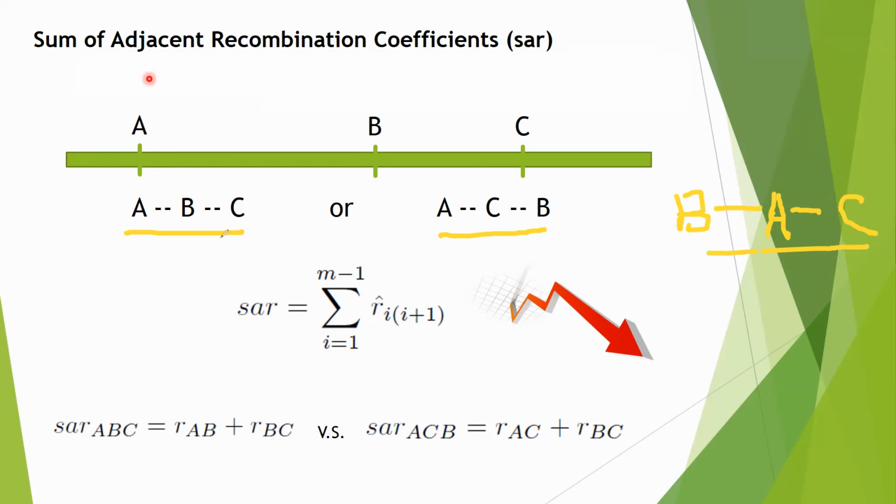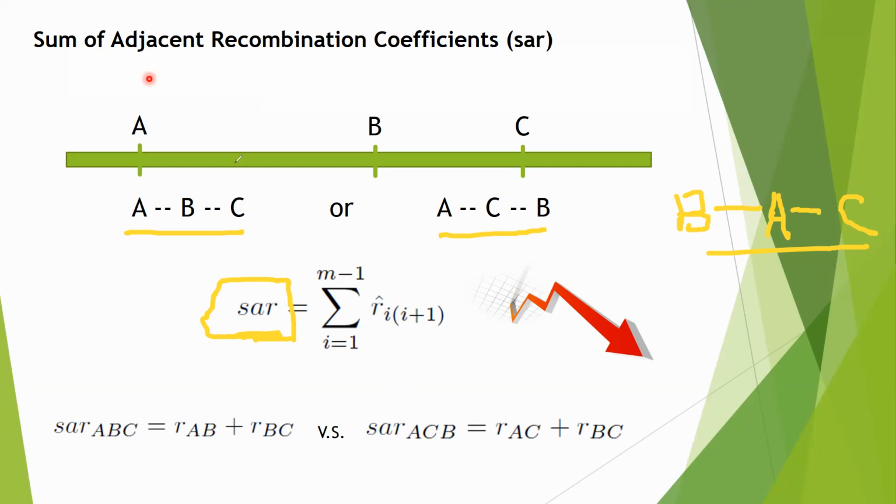So for three possible orders, we can calculate three SAR values, respectively. Which one gives the right order? The one with the minimum SAR value will define the right order of the three loci.